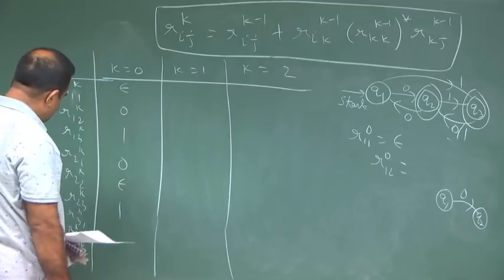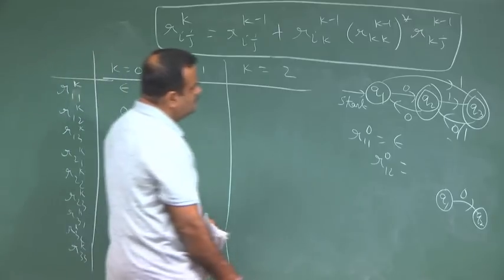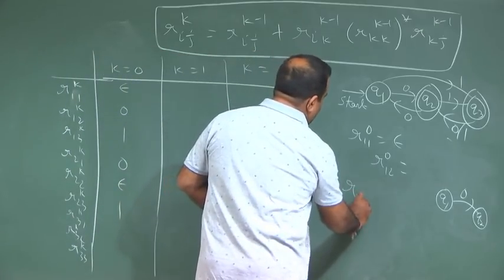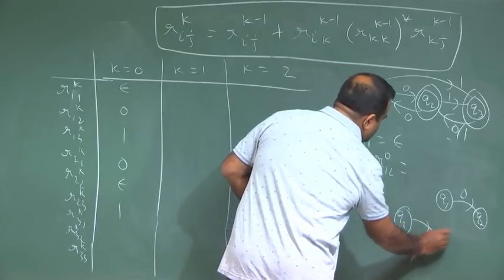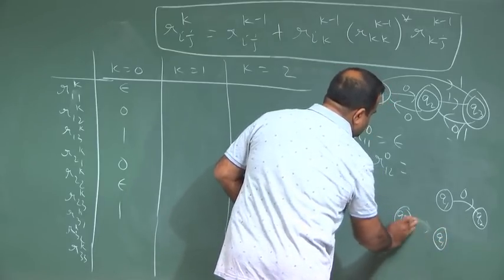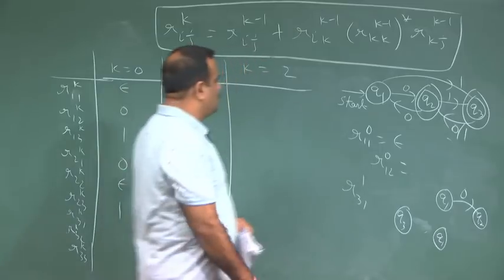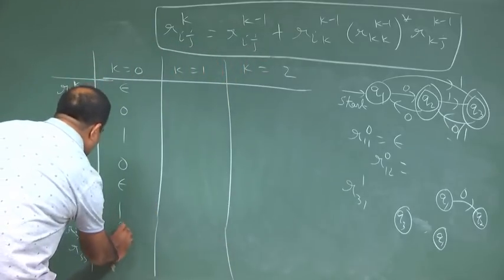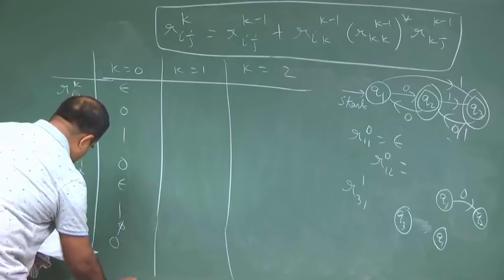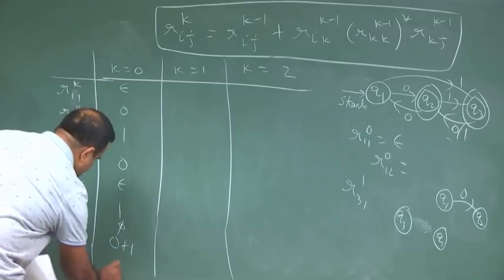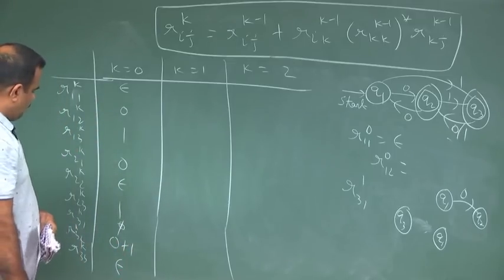Now R 3 1 0: from Q 3 to Q 1, is there any move from Q 2 through Q 1? No, so this will be empty. Then this is 0 plus 1 and this is epsilon. Okay.